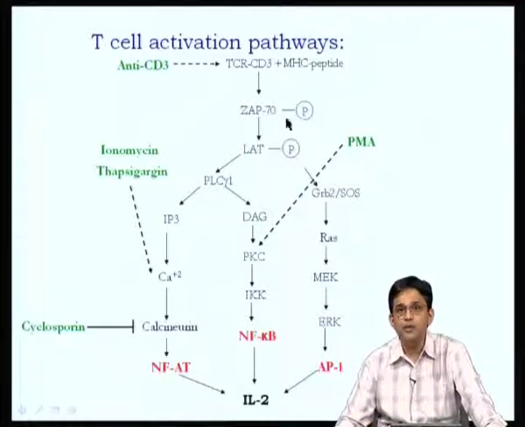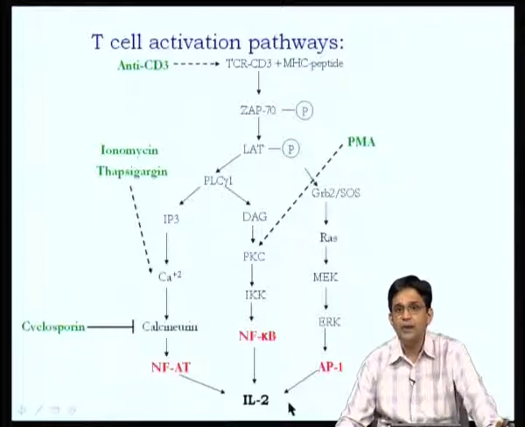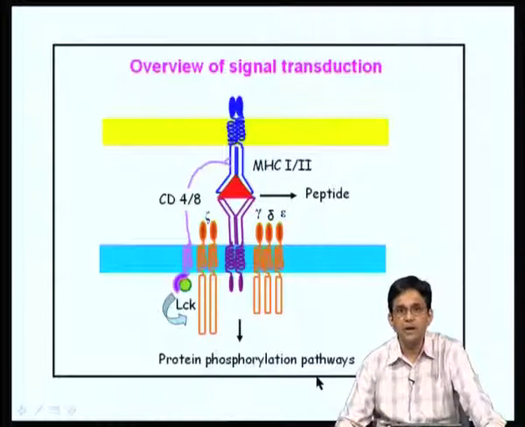Once again, to remind you, you have the T cell, you have activation of the T cell receptor. It needs to activate three independent pathways, which result in increased production of these three transcription factors and induce IL-2. Okay, so now we will break it down a little bit.